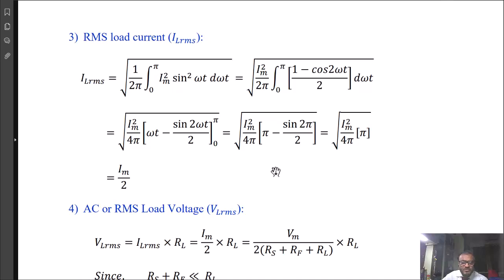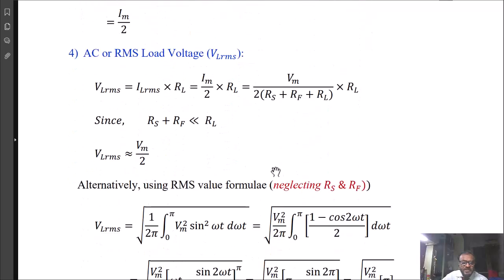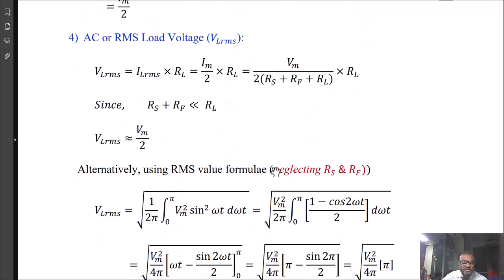The RMS load voltage VLRMS can be obtained from the RMS value of the load current by using Ohm's law. So VLRMS is given by ILRMS into RL. Substitute the value of ILRMS, that is Im by 2, here, and we will get VLRMS equal to Im by 2 into RL.